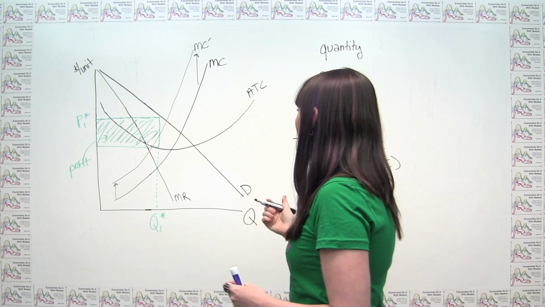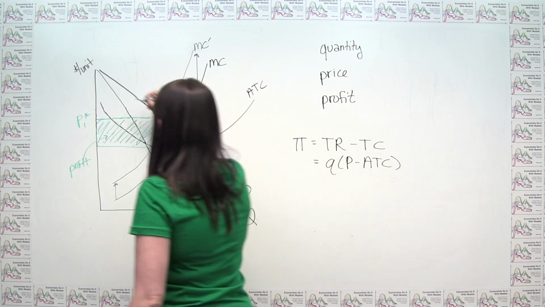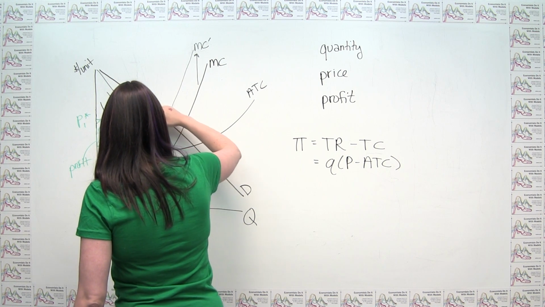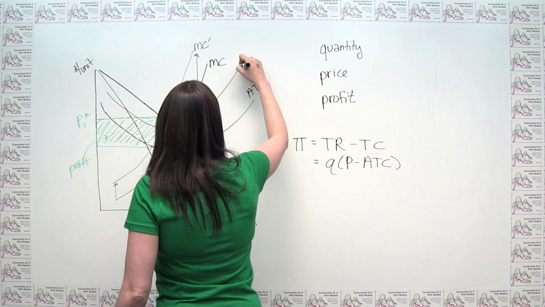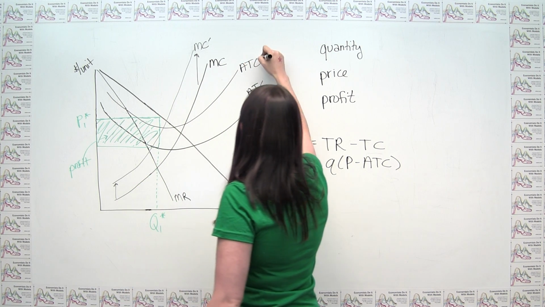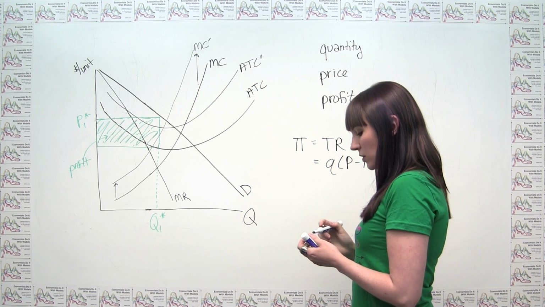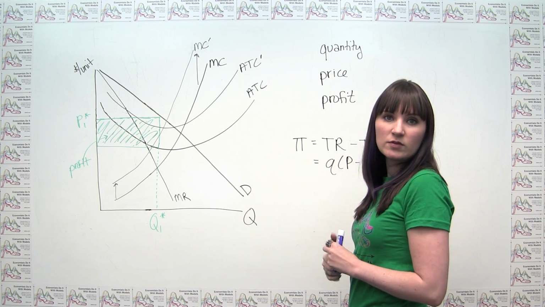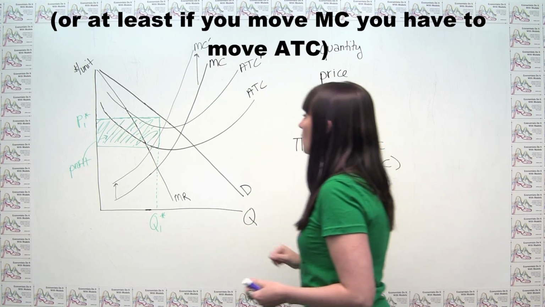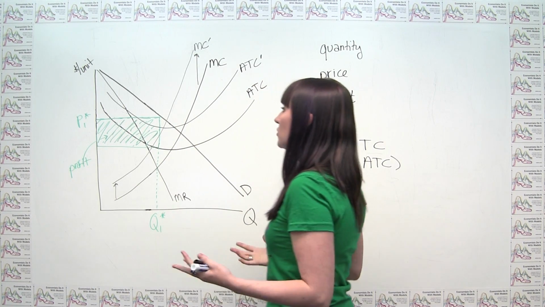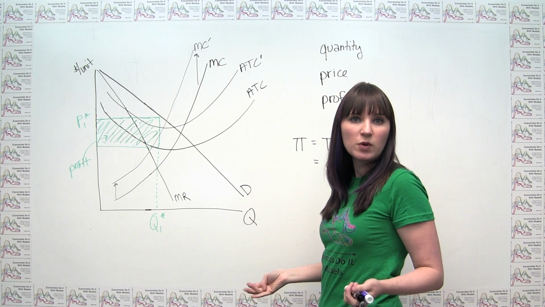So it's a little bit hard to draw qualitatively, but we probably have something that looks like, maybe something like this here, which I'll call ATC prime. Okay, so it's important to remember that if you're moving one of these guys, you have to move the other one. But once we've done that, and again, we don't have to move demand and marginal revenue because nothing has happened to our consumers' preferences.